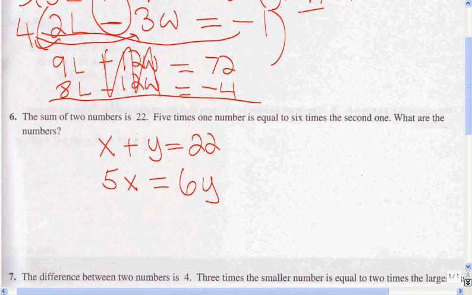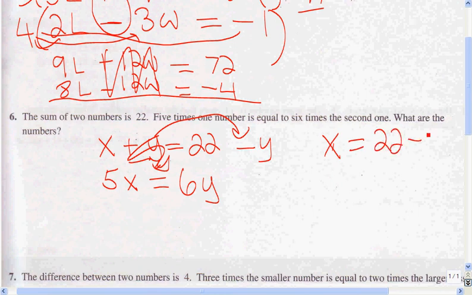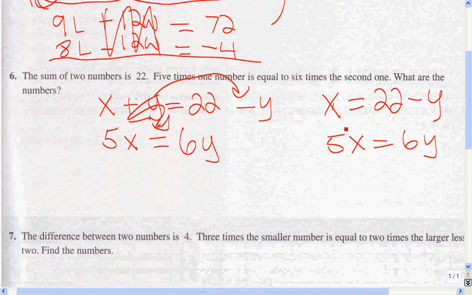I'm going to move that y over here by subtracting y from both sides. So we get x equals 22 minus y. And we get 5x equals 6y. So 5 times 22 minus y equals 6y.